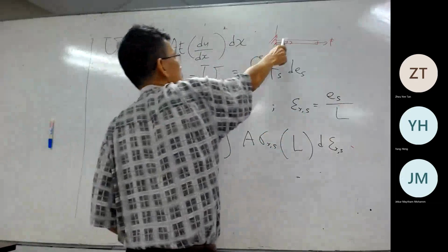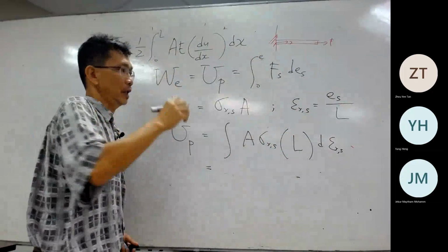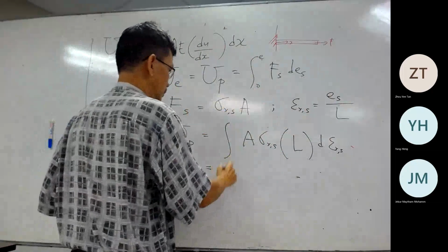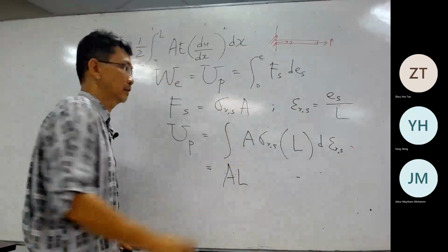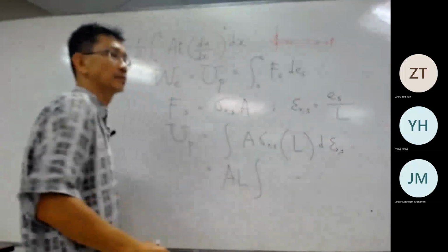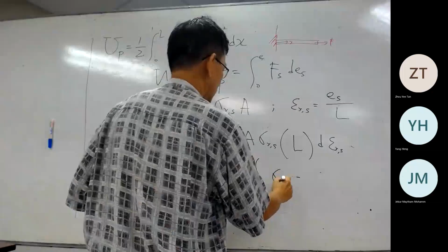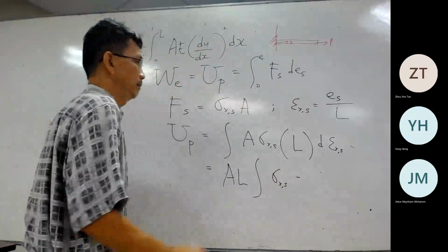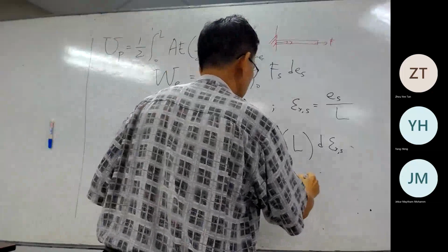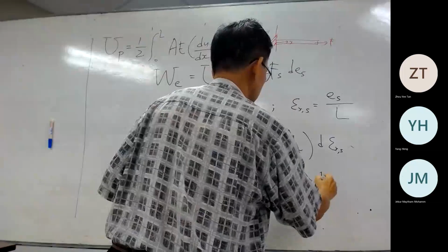Now for this bar, A is constant, L is the length of the bar, so you take out this AL. Then you have this term, sigma xs d epsilon xs.